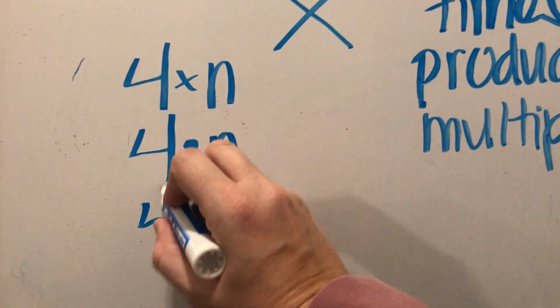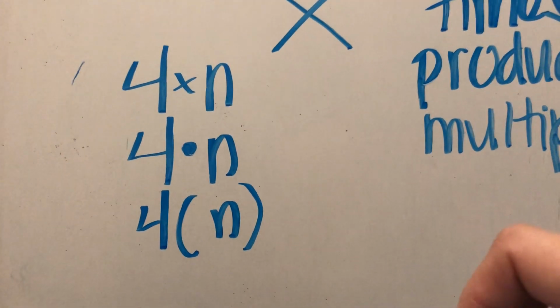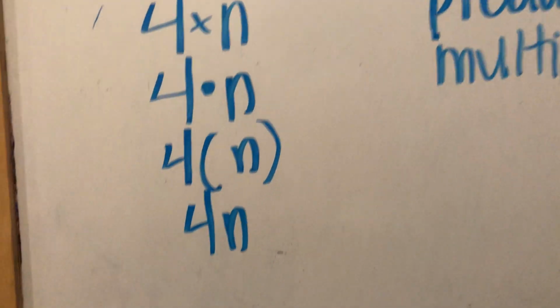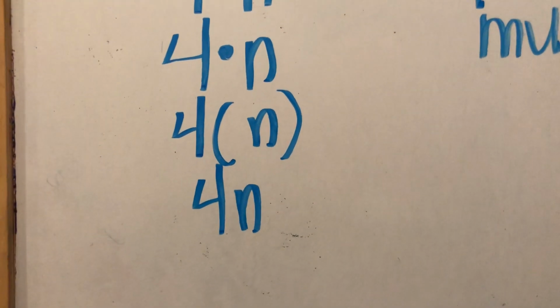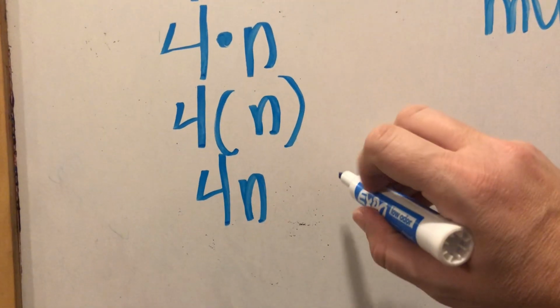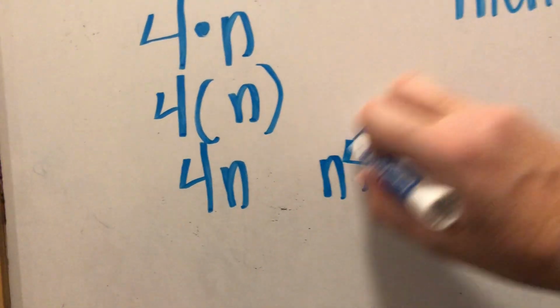We could show it with parentheses, because we know those parentheses next to it is going to be multiplication, or we can simply do 4n, with our number and our variable touching together. That shows that we're going to multiply. You guys, if you're doing that, just keep in mind, the variable always goes last.